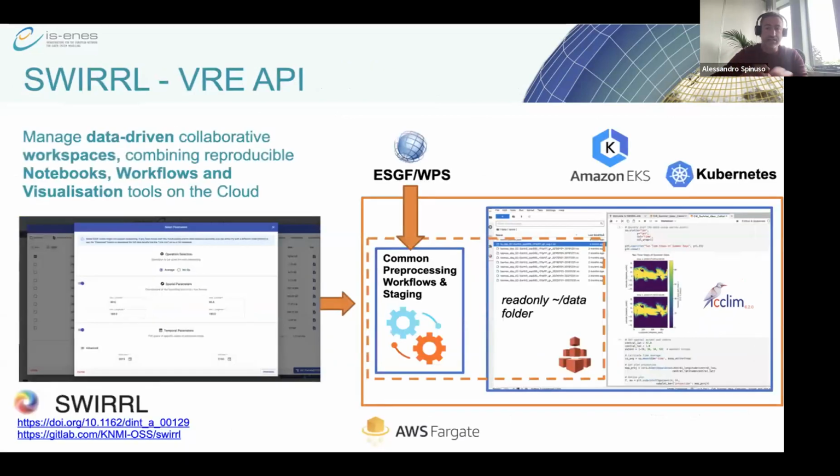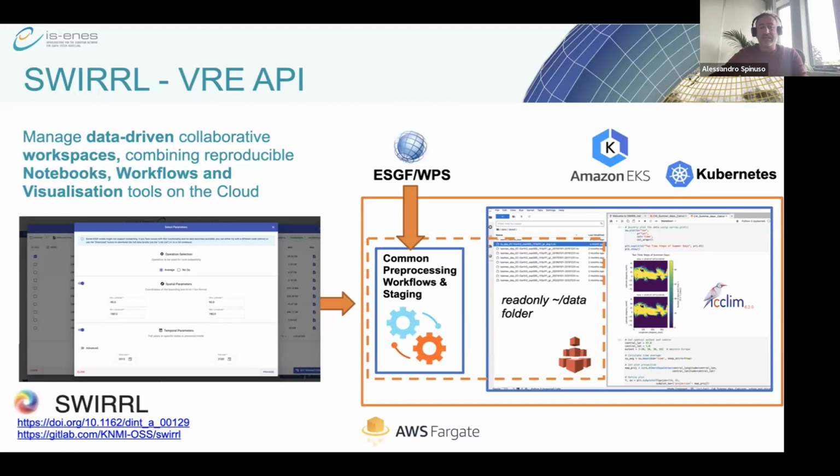So a little bit of the background of why and how we did this. Swirl is the virtual research environment API that we use behind the scenes of Climate for Impact. It is a generic environment that manages data-driven and collaborative workspaces. It can associate with the data different types of services like notebooks, workflows, and in some projects we also use visualization tools.